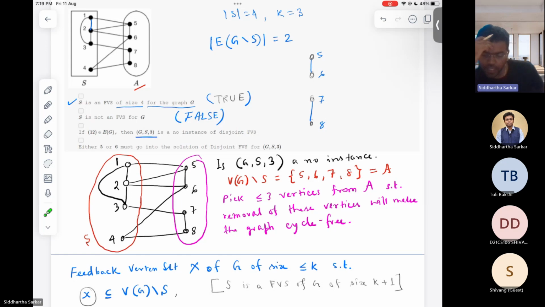So now do you think that it is possible to find 3 or less vertices from this set such that we can remove them and the entire graph becomes acyclic? Okay. So what are the vertices he will delete? Shivang is saying that it is possible to remove 3 vertices. So please point out the vertices that you want to delete and I will mark them.